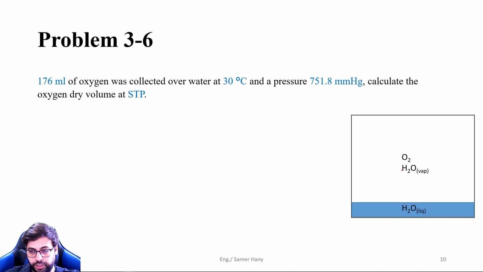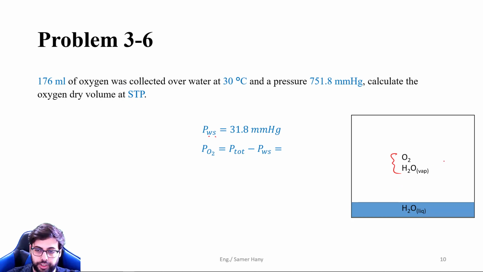The first container has oxygen and water vapor together, and from the table, you don't have to memorize these numbers, of course, we can get the water saturation pressure, which is almost 32 millimeter mercury. So the partial pressure for oxygen alone inside that gas mixture would be the total pressure minus the water vapor pressure, and we can get the partial pressure for oxygen.